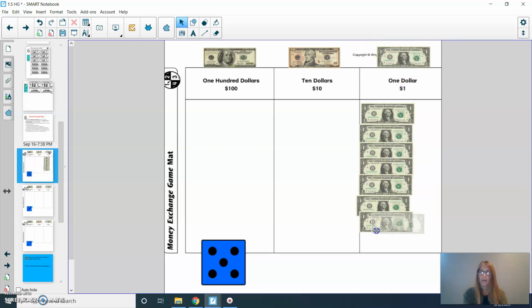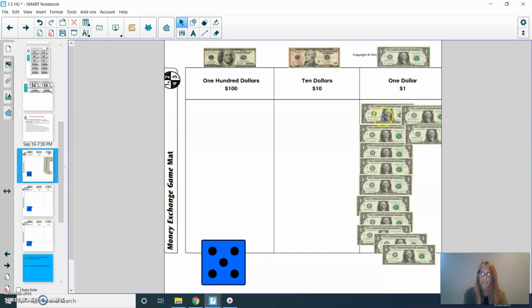So I have my 1, 2, 3. If I have more than the 10 $1 bills, I can give myself a few more. And now I need to count these. So 3, 4, 5. Okay, so I have 1, 2, 3, 4, 5, 6, 7, 8, 9, 10, 11, 12.